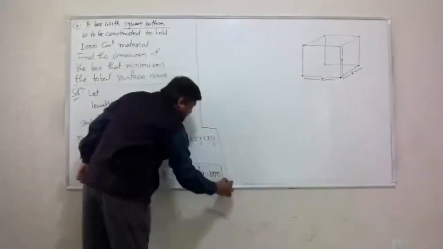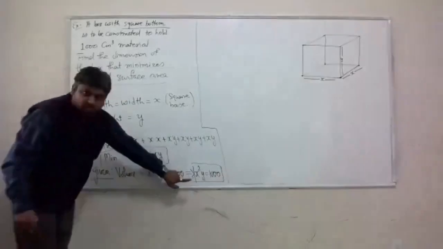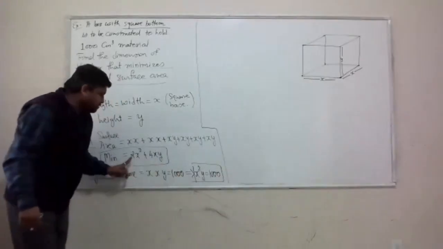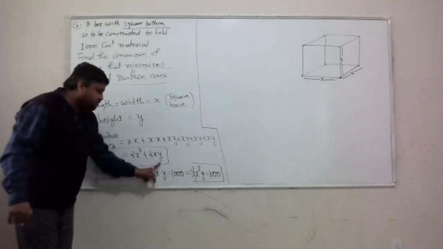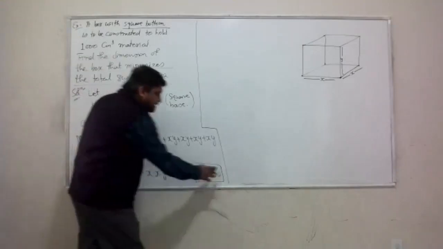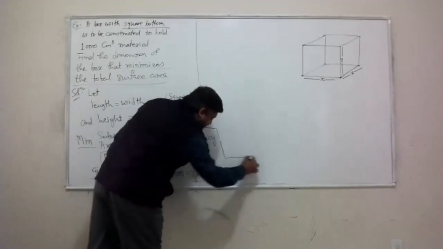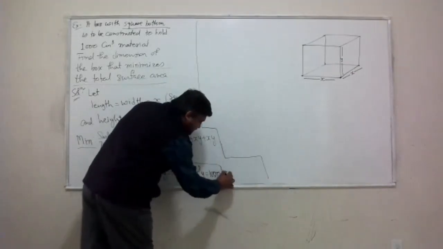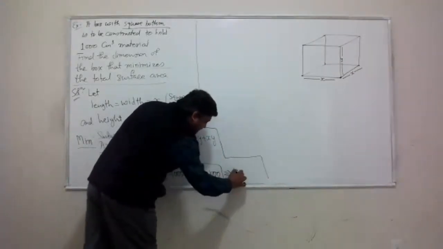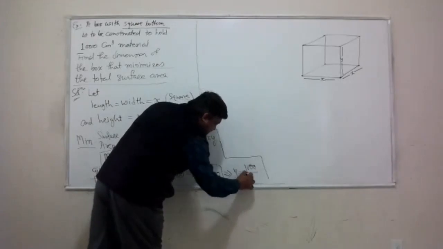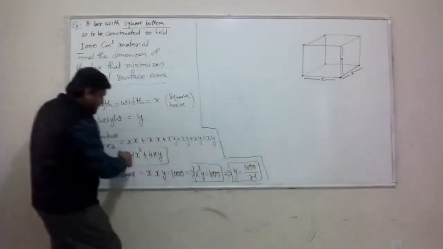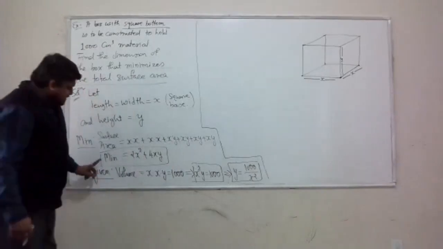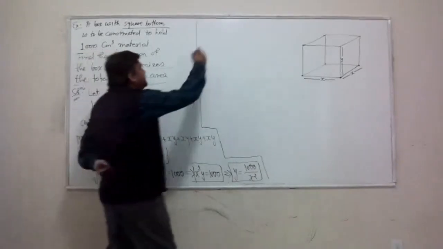As I said, the most important step here is to use the given information to convert this into function of one variable. I have x and y both. I want to eliminate one of them. This is what I'm going to do. I will use the given information, solve this for variable y in terms of x, and plug this into your minimization problem, right?